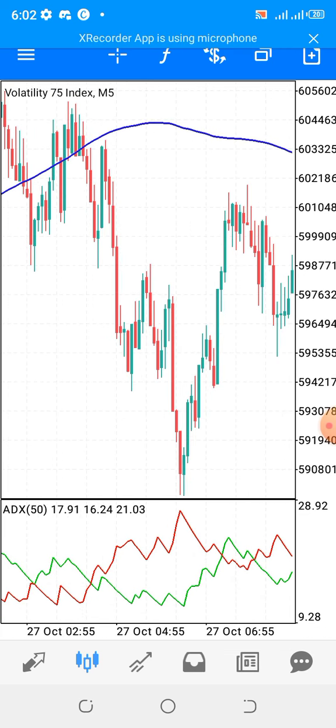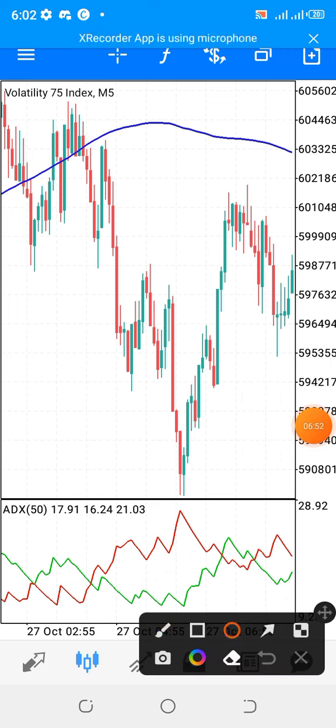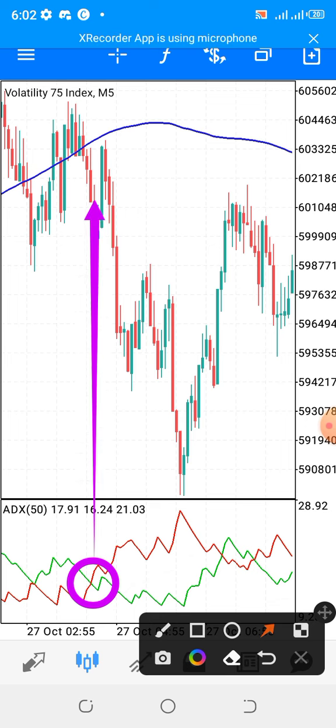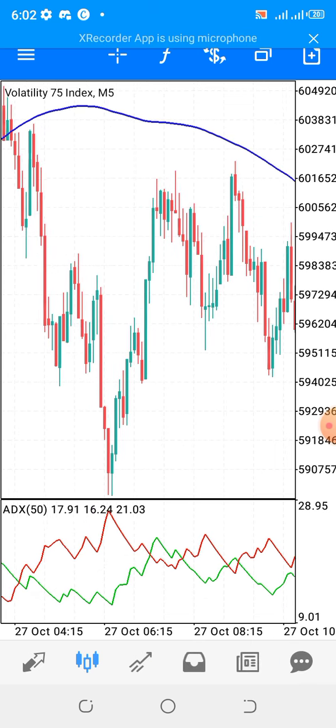You understand? Now look here, we have a crossing here. So let's see if the candlesticks are clearly below the moving average. You see it? So you make your entry here, and this is excess profit. Look at it.